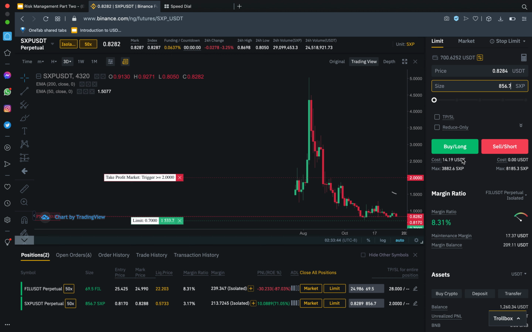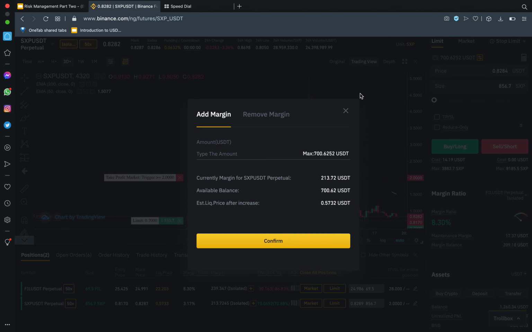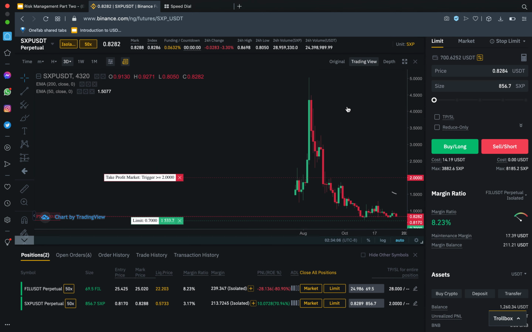Now if I have just $14 on margin, it's risky for me because the moment the trade starts going against me, I could get stopped out or liquidated so easily, and my $14 will be gone. So what I do is I make sure that I add to my margin to give room for my stop loss position, or to give room for the trade to go against me to an extent.